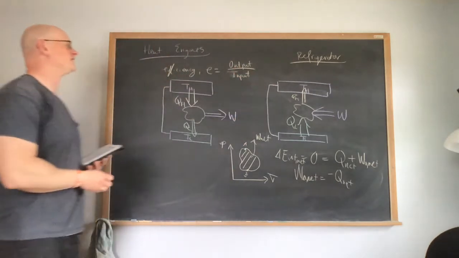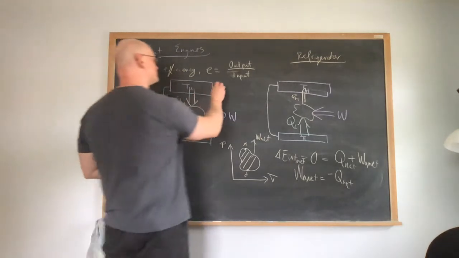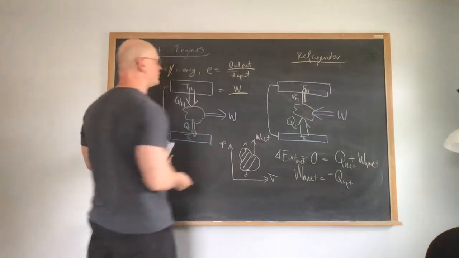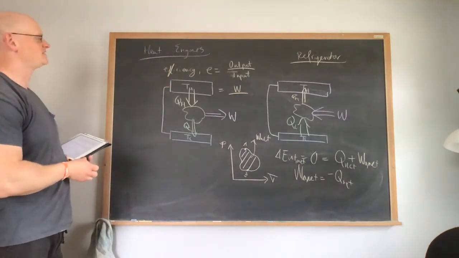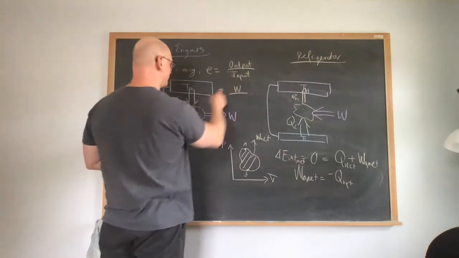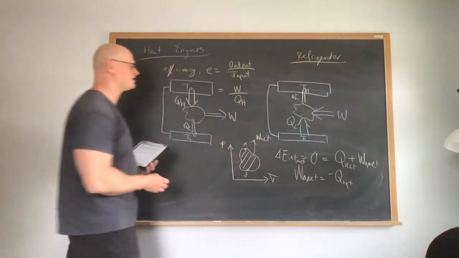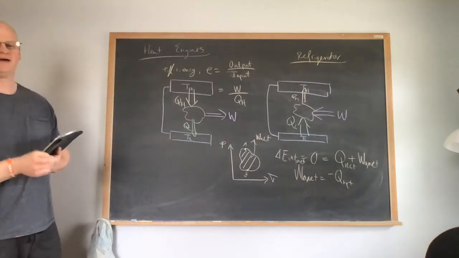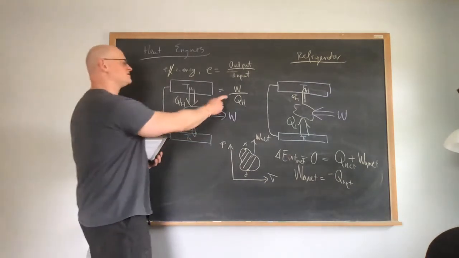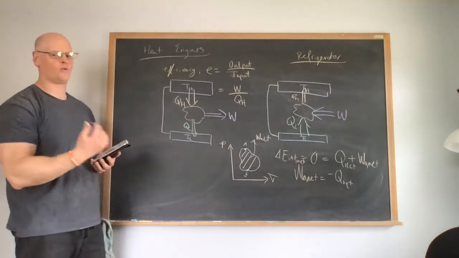Now in this case, our desired output is simply the work, right? We want to get work out of this thing. Our desired input is that we want to take heat from the hot reservoir, so we want heat flowing into the system. So our desired input is to only insert Q hot and then get work out of this.